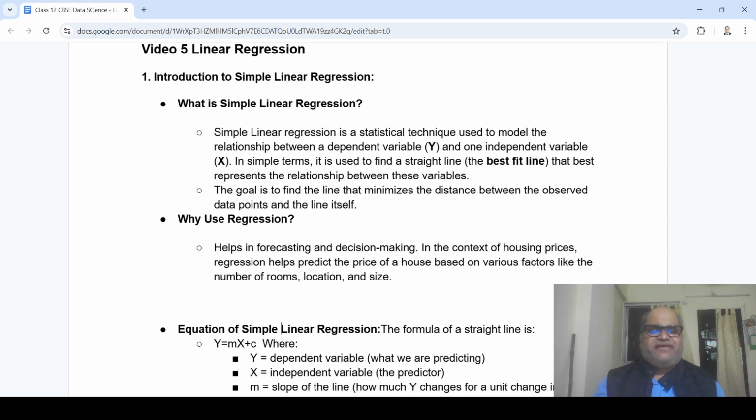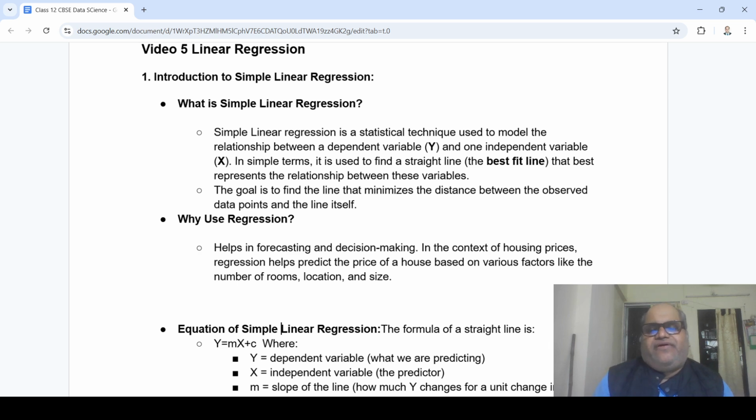We have seen some example around house prices and the size of the house. So the goal, in this particular case, is finding a line that minimizes the distance from all the other data points.